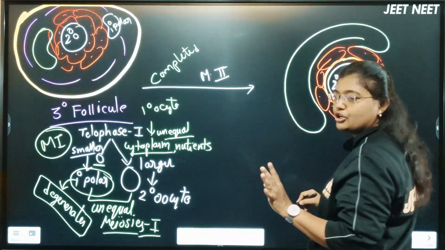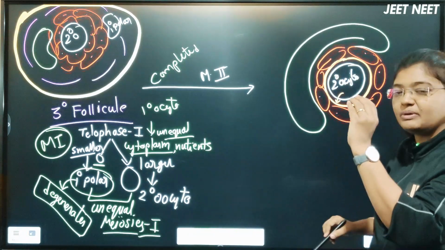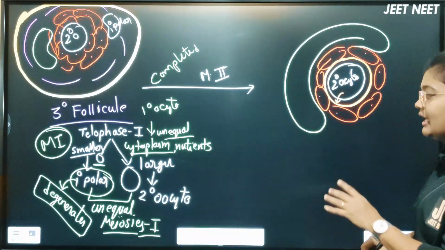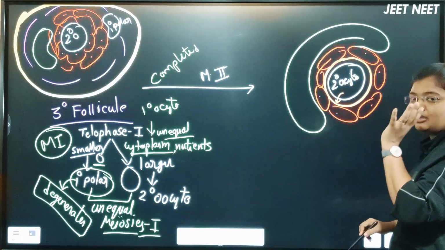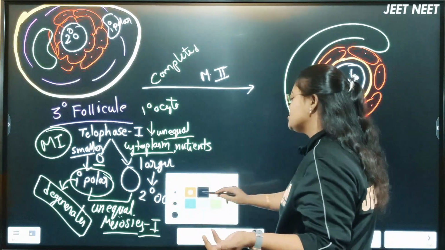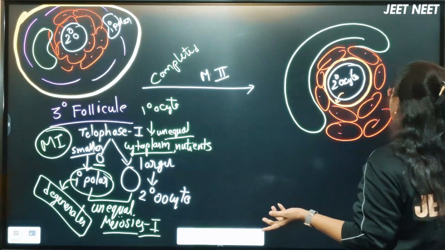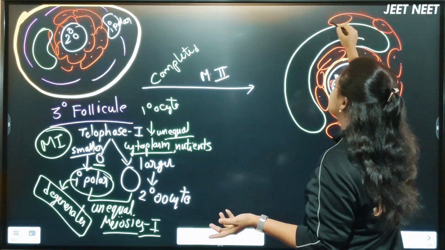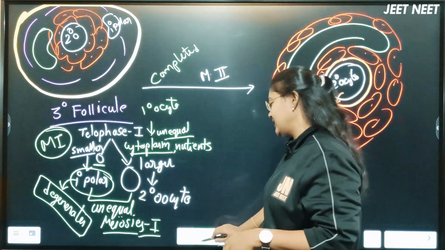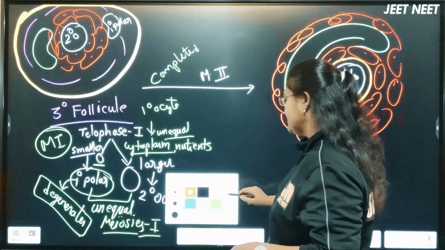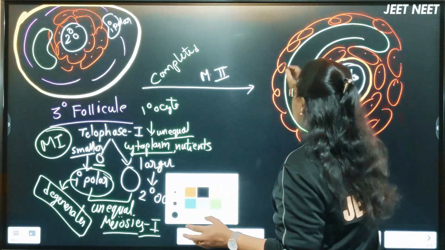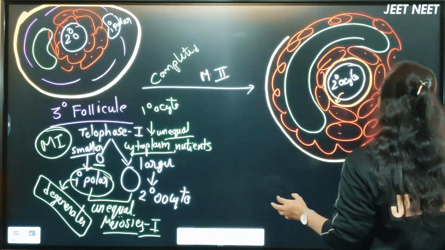In the tertiary follicle the antrum cavity is smaller, but as the Graafian follicle develops, the antrum cavity and its size have increased. This is also surrounded by granulosa cells. Now the theca interna and theca externa together fuse and form a basement membrane.